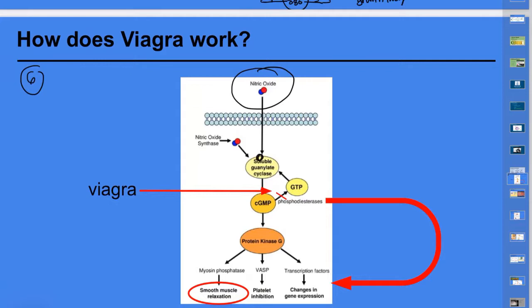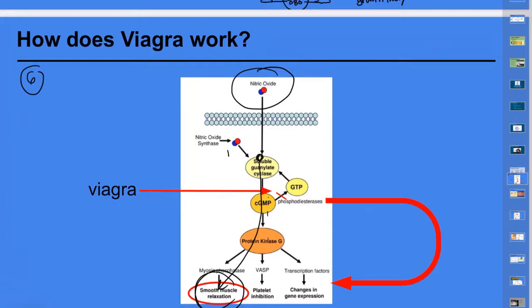In this diagram, here's the nitric oxide, and it binds with this guanylate cyclase right here. What's going to happen is that's going to take cyclic GTP and convert it to cyclic GMP. And when it converts it to cyclic GMP, this results in smooth muscle relaxing.